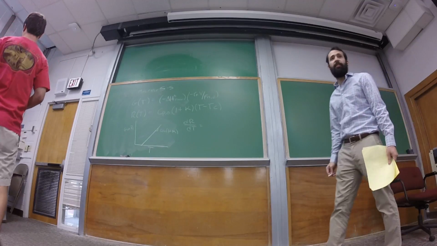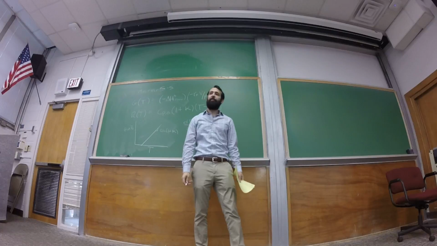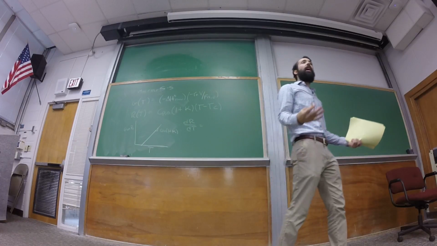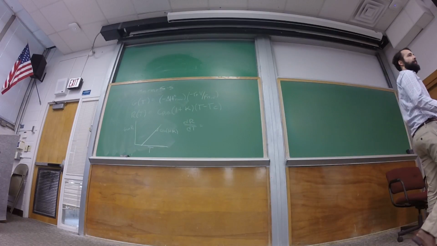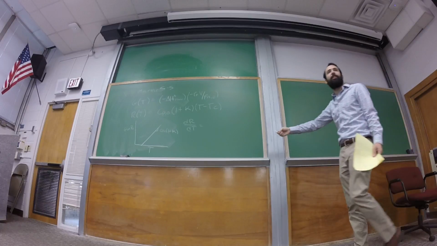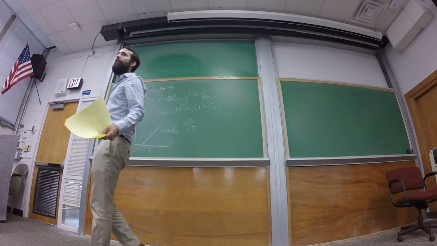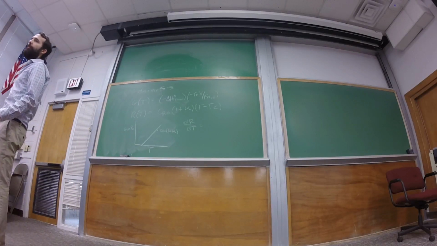Heat capacity, yeah. So that shows up. What's the driving force for heat removal from a system? A temperature gradient, right? So if I'm plotting the amount of heat removed versus the temperature, you would expect a straight line. The hotter the reactor, the larger the driving force to remove the heat from the system.